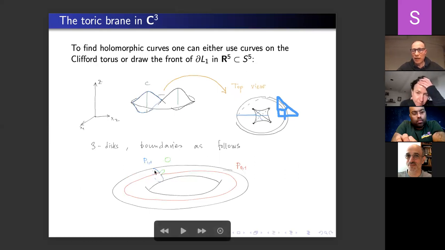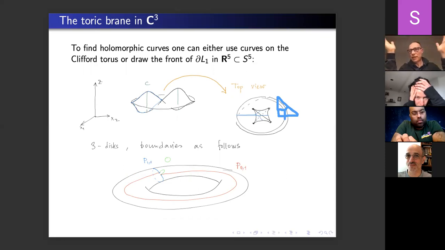There is one going around the meridian, one going around the longitude, and one is a little guy. So that's some kind of link at infinity in my S1 times R2. The longitude is going around S1 times a point. The little guy is just near a point at infinity, but the meridian is the S1 that goes around R2.